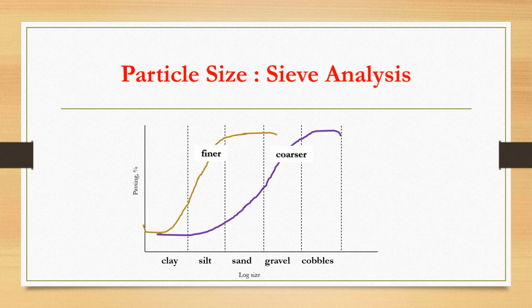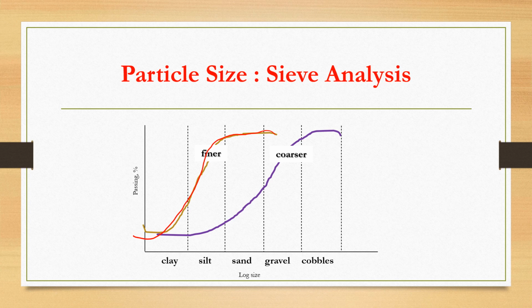The position of the curve that you get from the grain distribution diagram indicates the fineness or coarseness of the grains. The higher and further to the left the curve, the finer the grains. So if the curve is to the left, near the origin, it indicates fine particles, and the other way around.